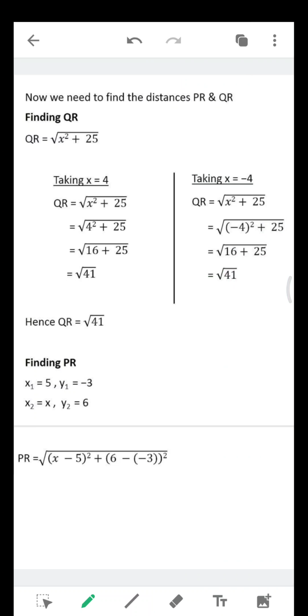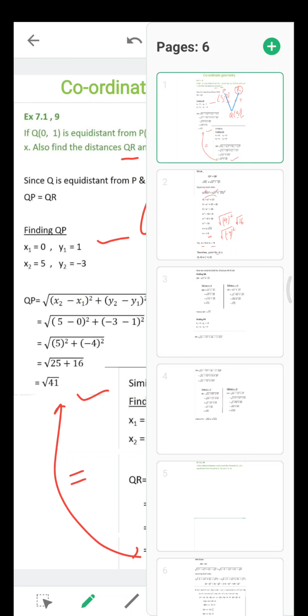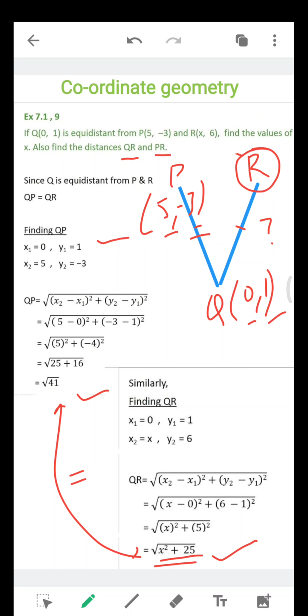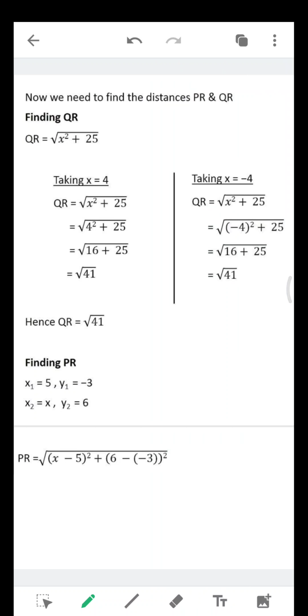We need to find the distance PR and QR. Finding QR first. In the first case we already found QR as the root of x square plus 25. The same thing we can use here.